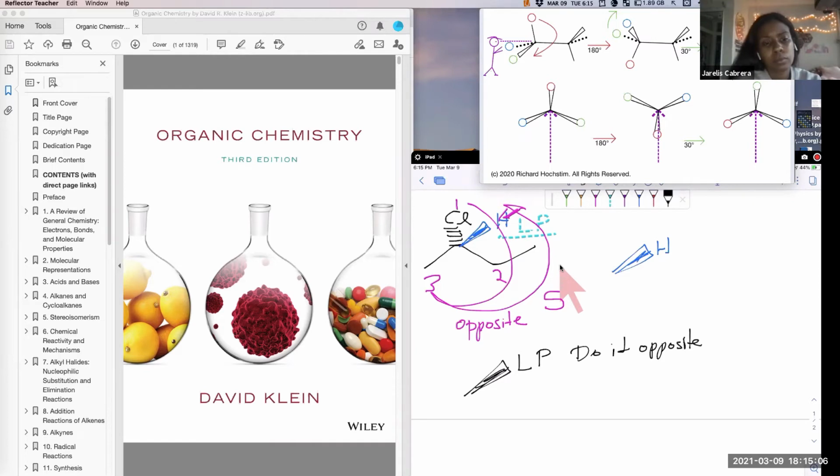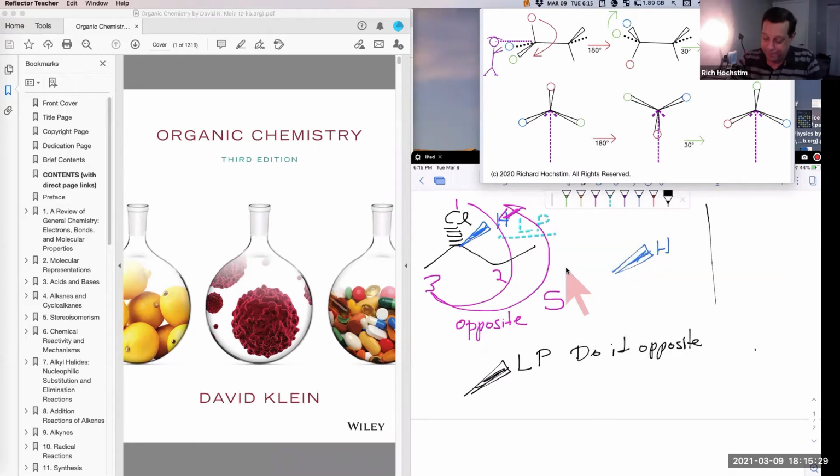Now, it doesn't really matter if you understand it. It's good if you do. As long as you can do it, recognize that the low priority group is coming out and just go ahead and do it opposite. So we could summarize everything here by saying that if that low priority group looks like this, then you just do it.